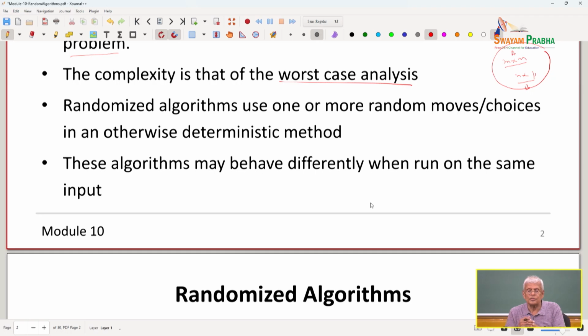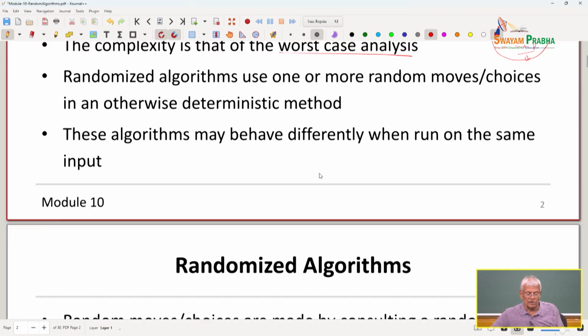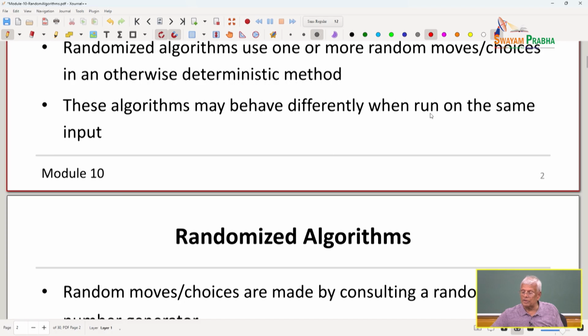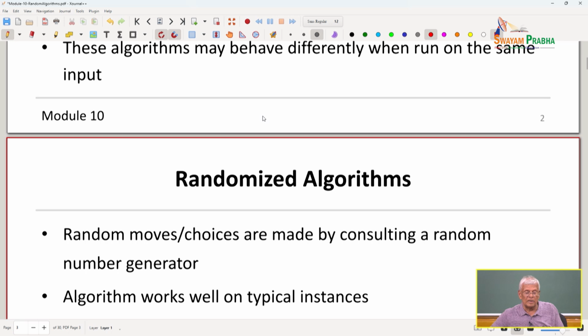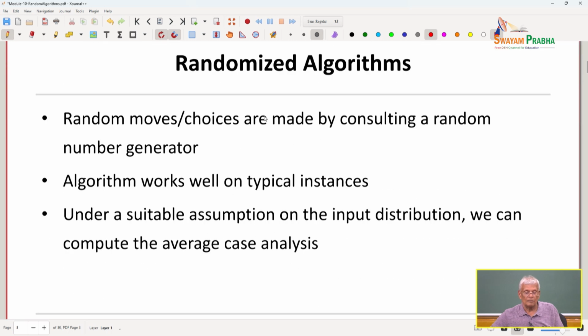They may change. There is a probability of that. Therefore, we cannot expect the randomized algorithm, when we repeat it on the same input, to give the same result; different times may give different results.